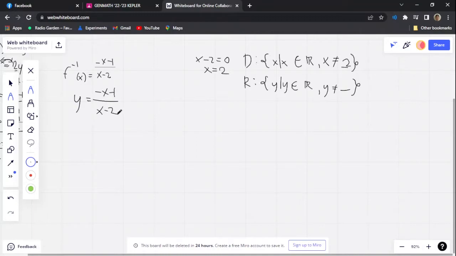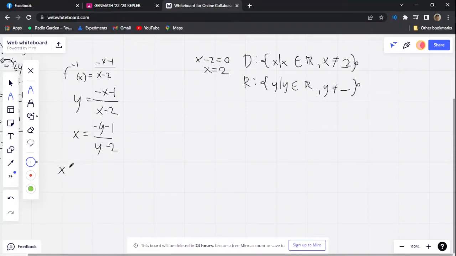The next thing to do is to change our variables. So y will be changed to x and x will be changed to y. So x is equal to negative y minus 1 over y minus 2. Next, cross multiply.